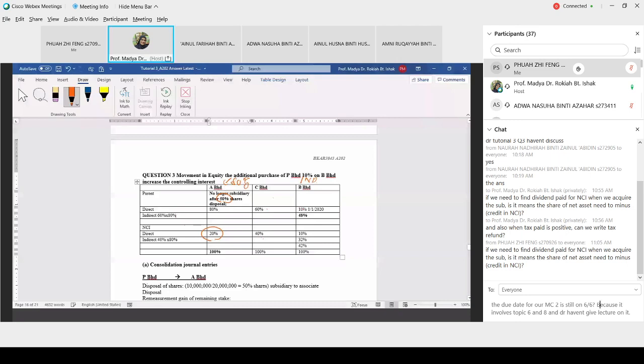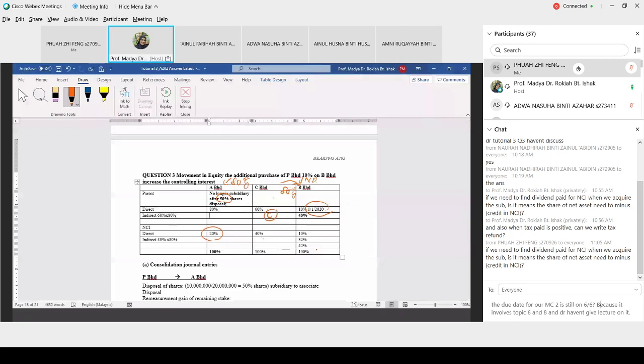Indirectly through C, P has shares in B, because C has 80% in B. C acquired 80% in B when the profit was 4 million.